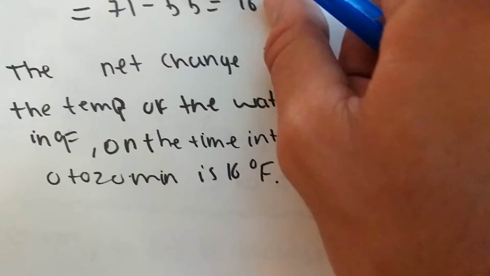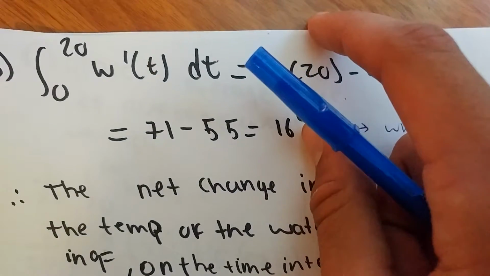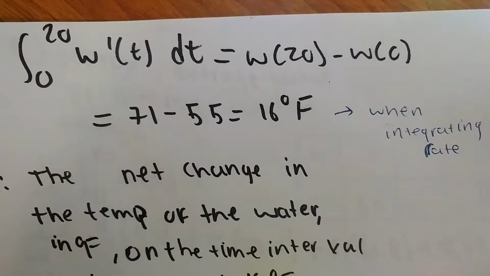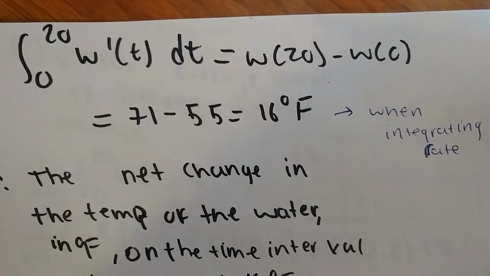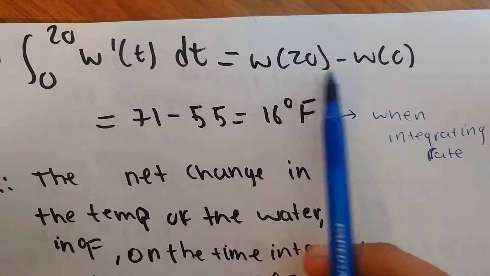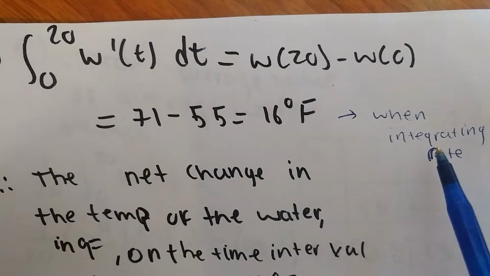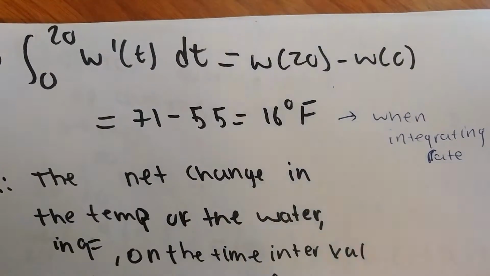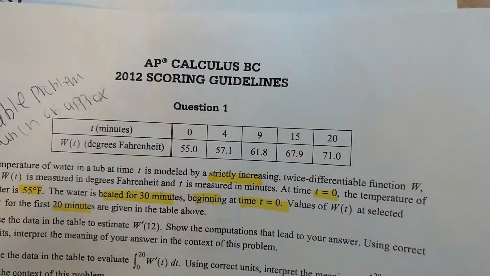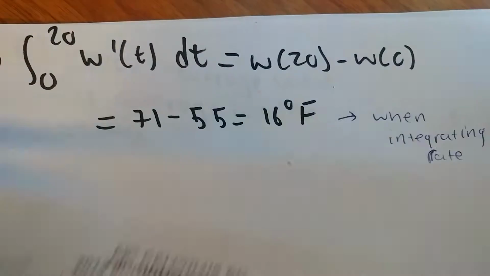In part B, we are given the integral from 0 to 20 of W prime of t dt, and because of the fundamental theorem, we can rewrite it as W of 20 minus W of 0. From the table, W of 20 is 71, and W of 0 is 55.